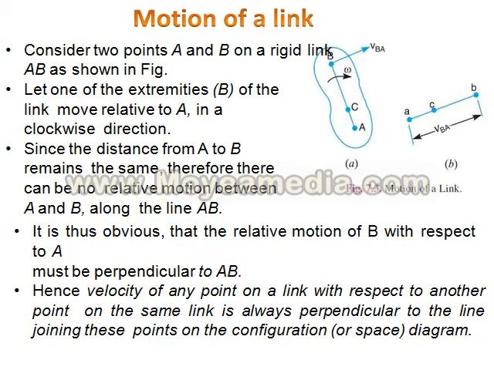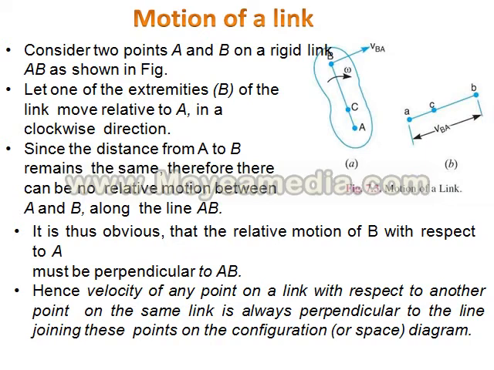Then, motion of a link. Let's consider a point on a link, say B, which is moving relative to point A in rotary motion. Then how can we calculate Vba? Consider two points A and B on a rigid link, AB, as shown in the figure.